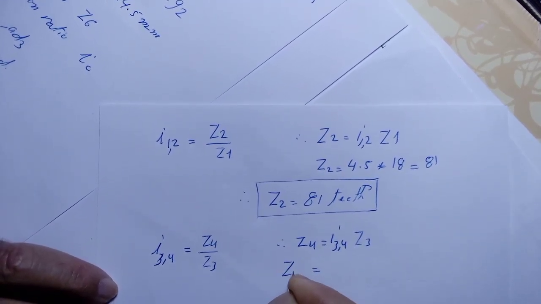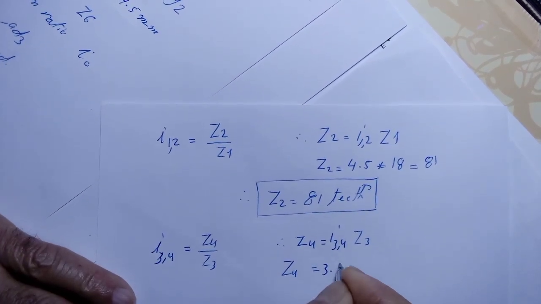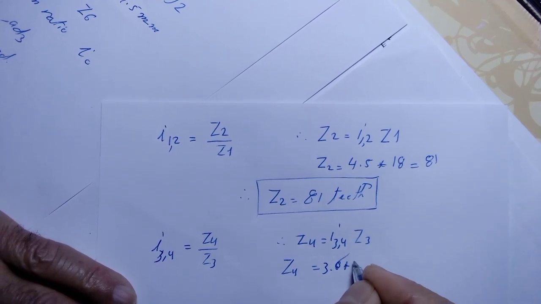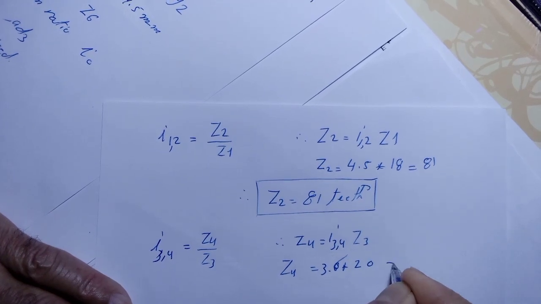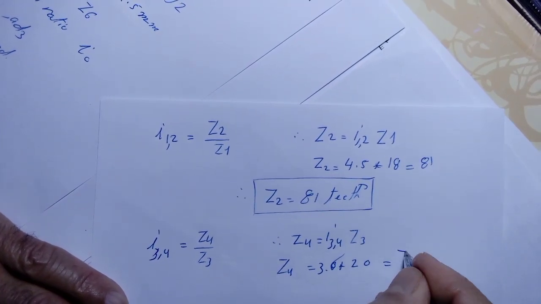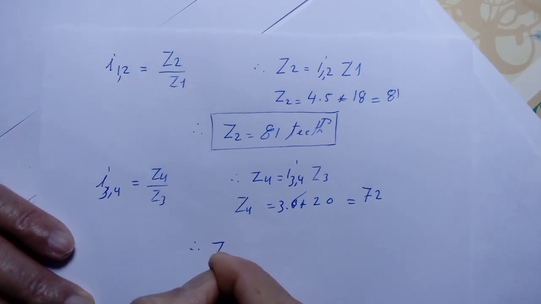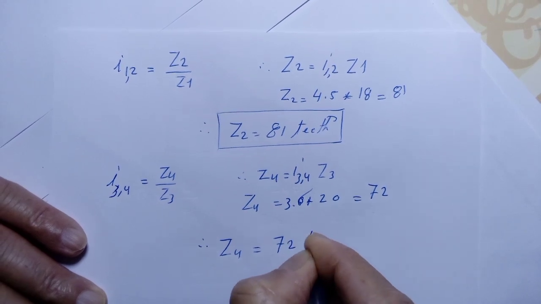Okay, Z4 is equal to 3.6 multiplied by 20, so it will be 72. Then Z4 is equal to 72 teeth.